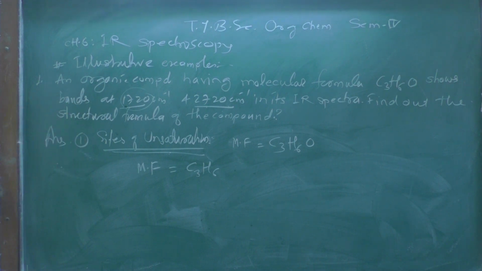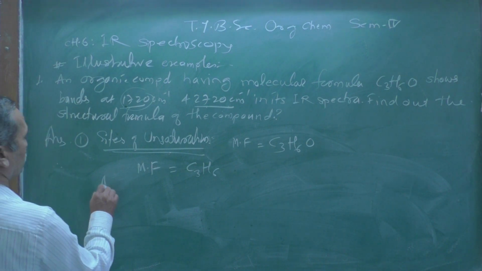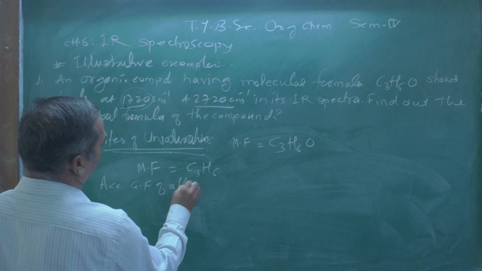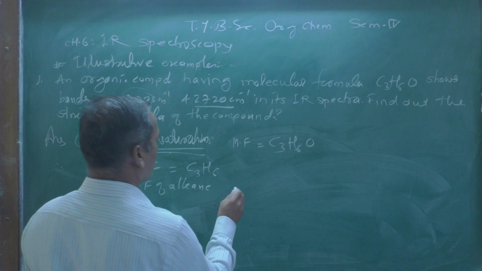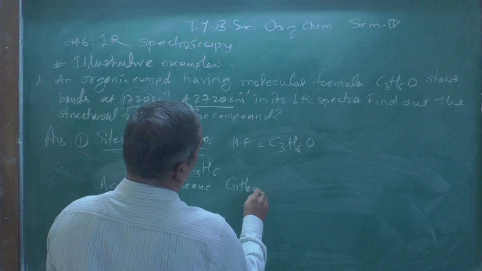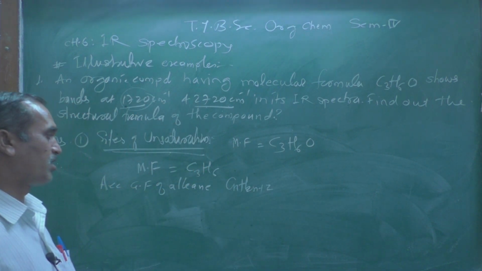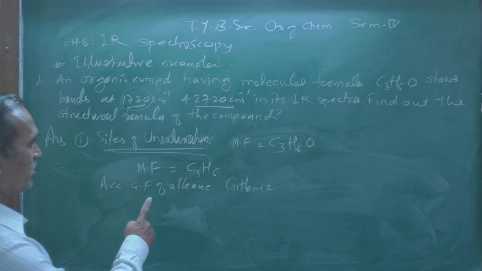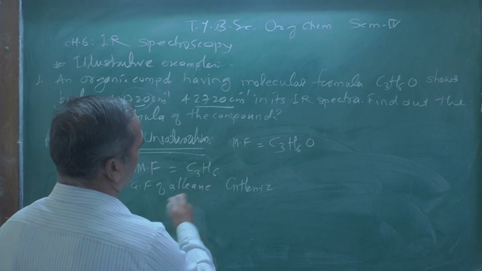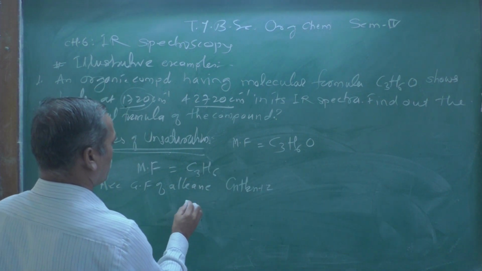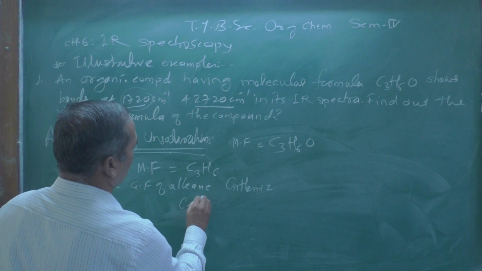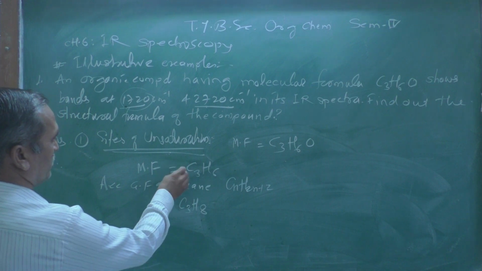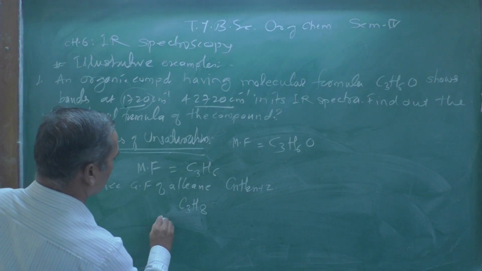Now, according to the general formula of alkane, CnH2n+2, which is the general formula for saturated compounds, put n equal to 3, the number of carbon atoms, so that becomes C3H8.